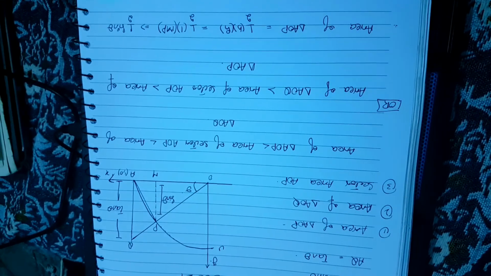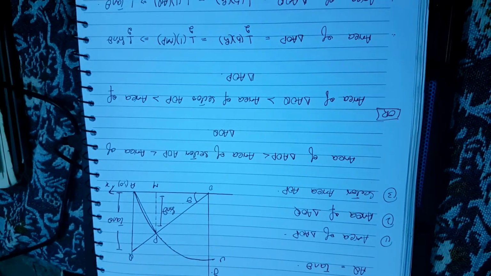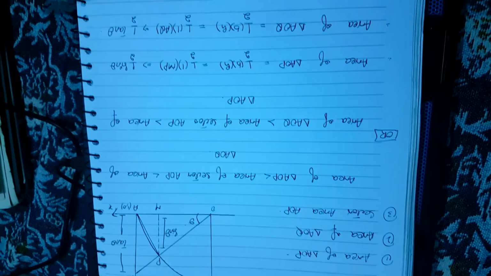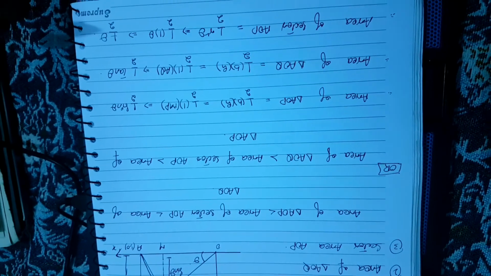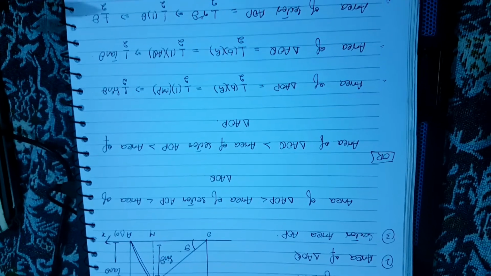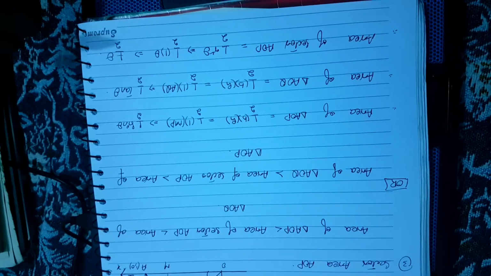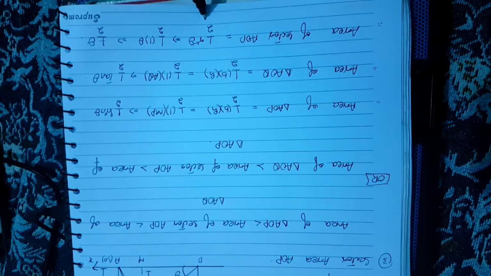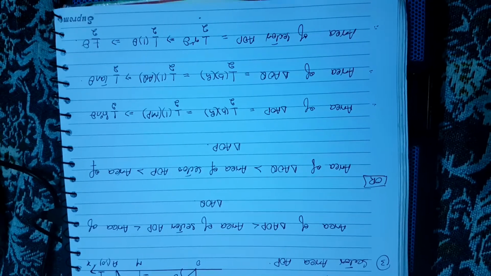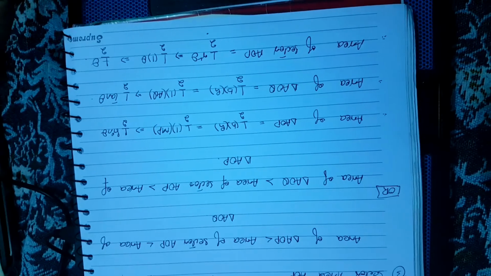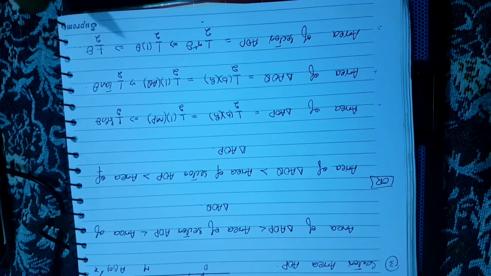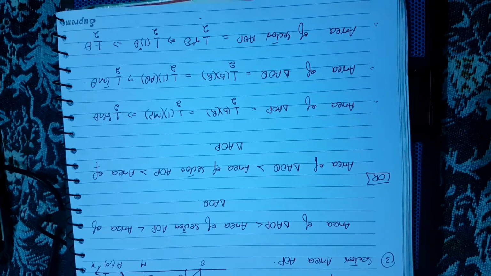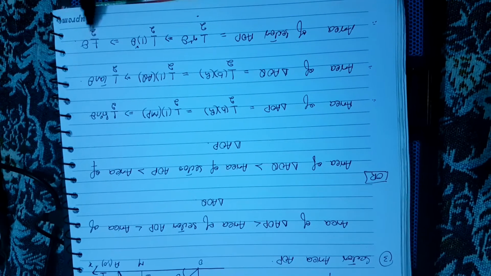A sector is a small portion of a circle, so it involves radius and theta. Its formula is half of r squared into theta. Taking the radius equal to 1, it becomes half of theta.